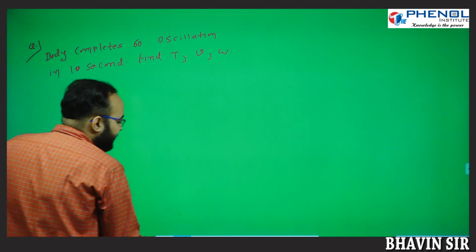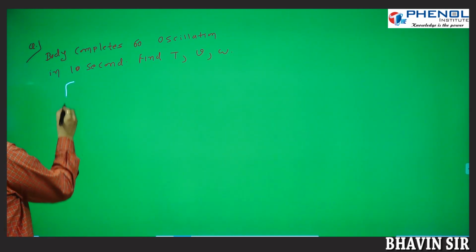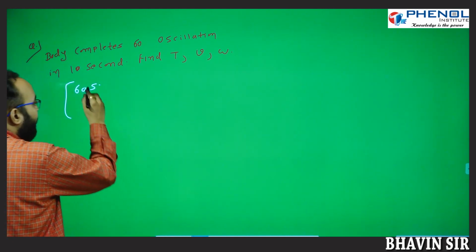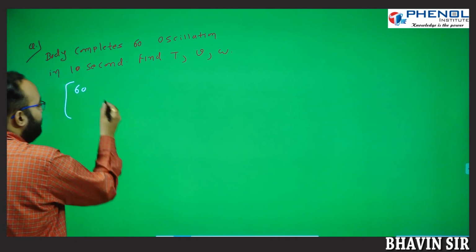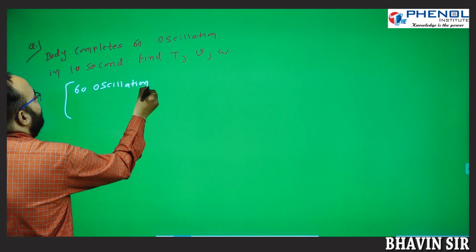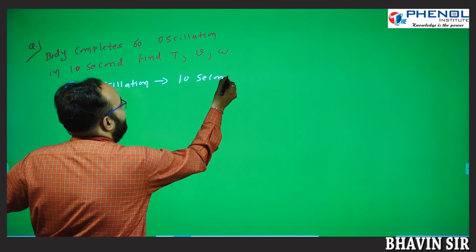If you want to find time period, it means time required to complete one oscillation. For 60 oscillations, the time required is 10 seconds.